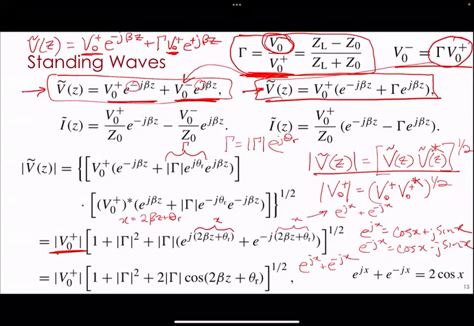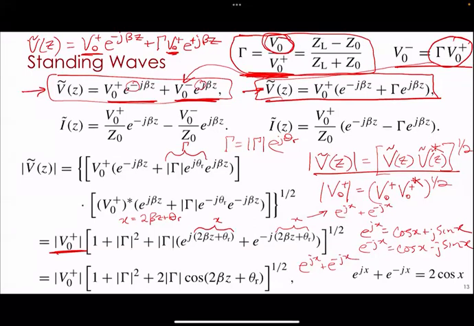Remember we talked last time about z's and d's, and we said to make our lives easier, we are going to define z equals 0 to be at the load, which means we go negatives if we got to go back to the source, because z has to increase as you're going from the source to the load. And then we said, well, working with negatives is sometimes a little annoying. It'd be nice if we worked with positives.